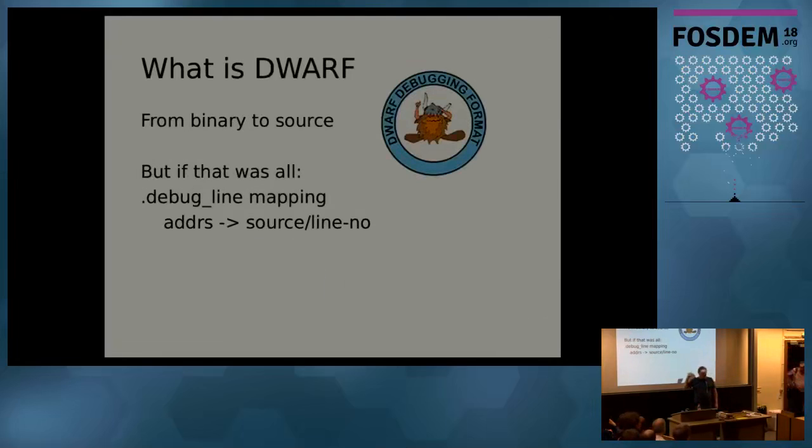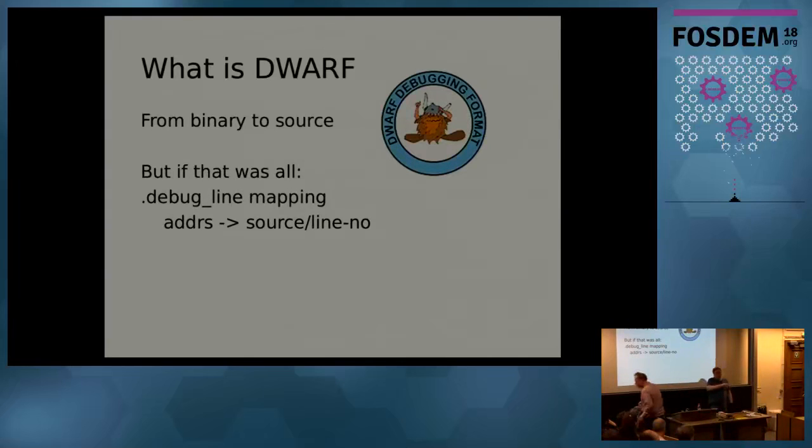So when I wrote the title, Going from Binary to Source, that's just part of what DWARF is, because if that was all there is, then you just need the debug line mapping.